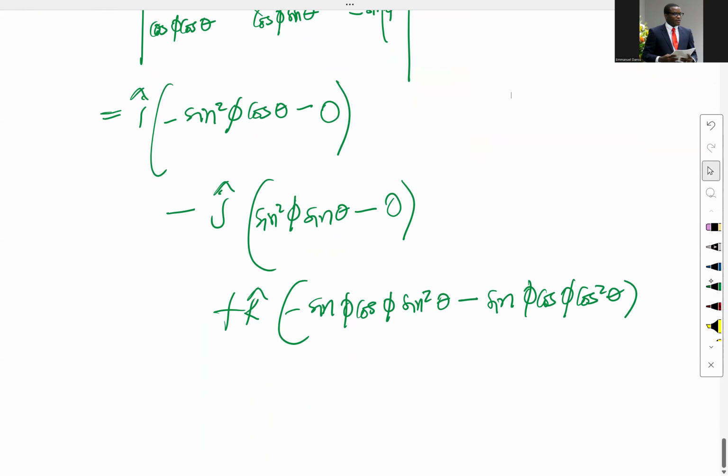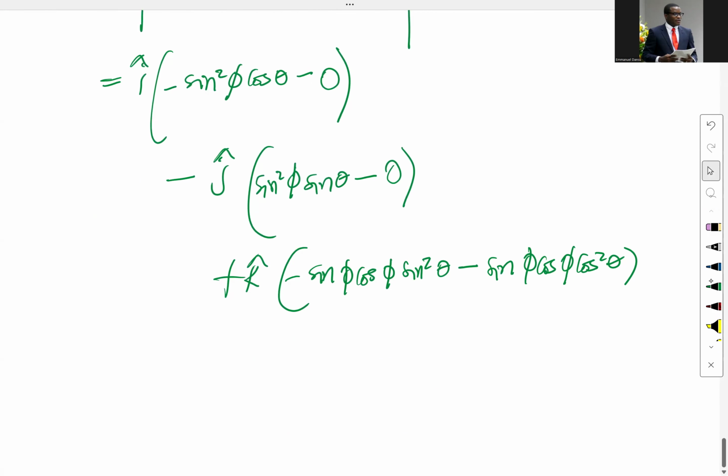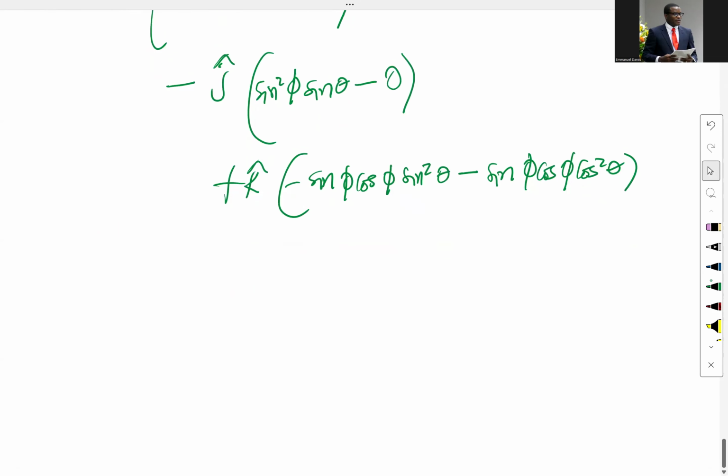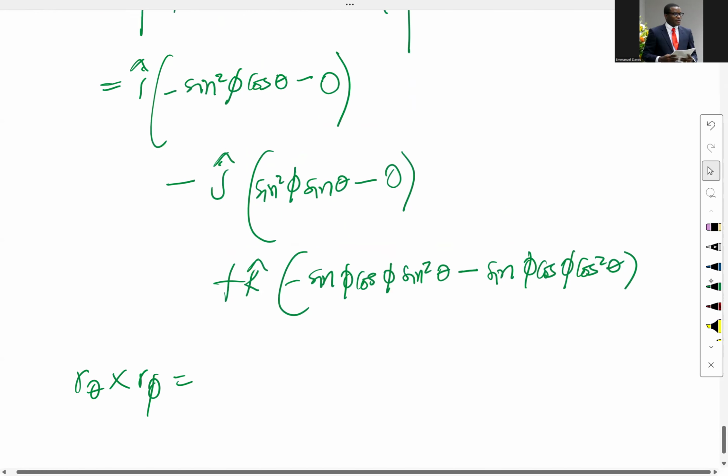So now we can tidy this up and see what we get. Let's try to do that. This is seriously lengthy, but it's okay. We keep moving. Okay, so now we're still talking about r theta cross r phi, and that is the evaluation of this now.